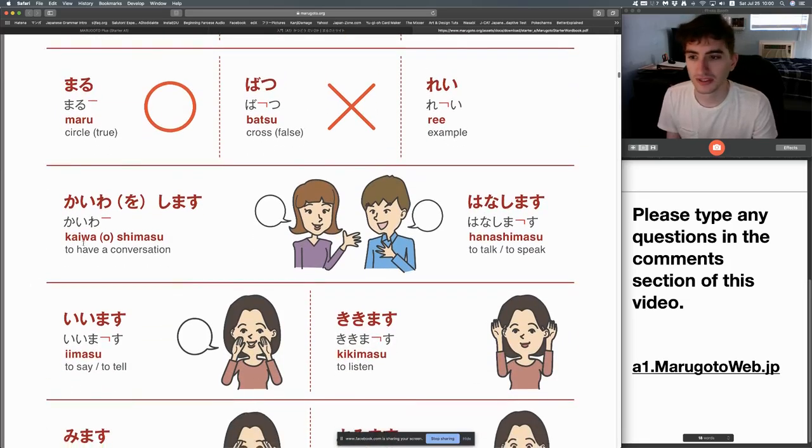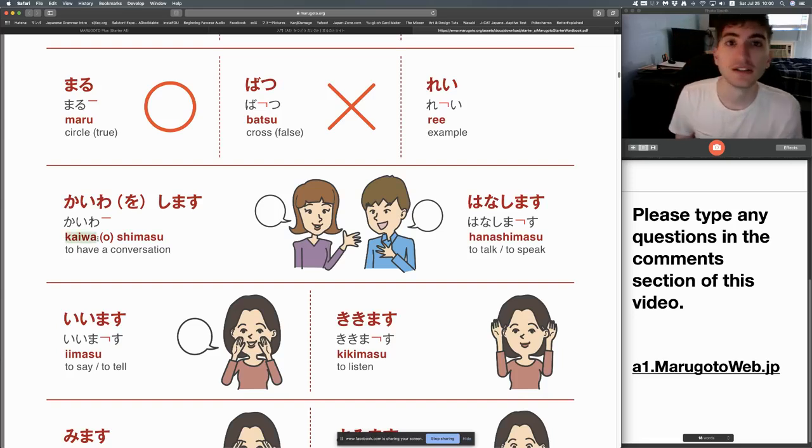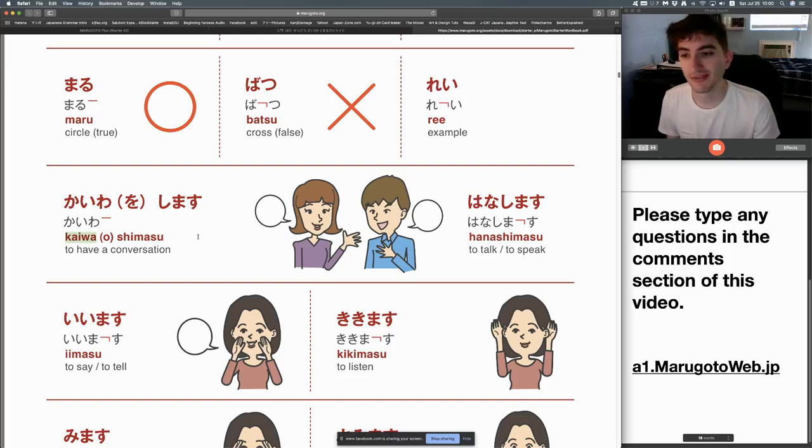Let's do some verbs. To have a conversation. First of all, we have the word conversation. 会話. 会話 is conversation by itself. When you want to say I am doing something in Japanese, you could add をします. Okay? をします. To do something.